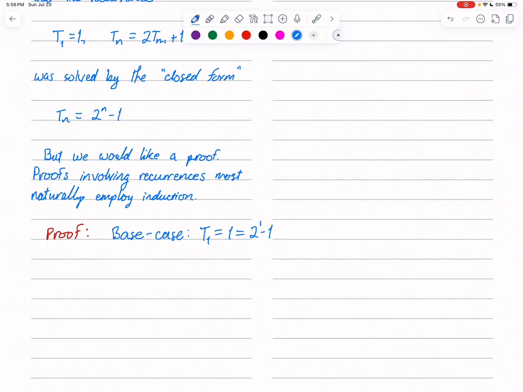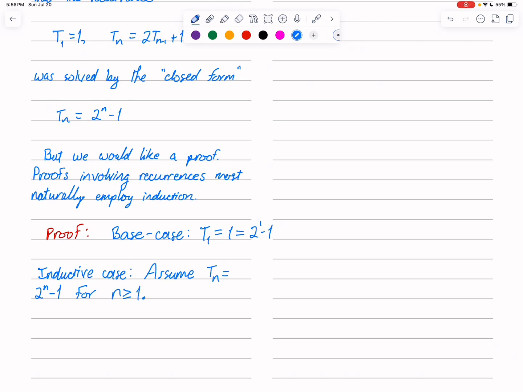Next is the inductive case, and this is usually a bit trickier, but the idea behind the inductive case, if you've never seen a proof by induction before, is that we assume that the claim holds. So in this particular case, that means we assume t sub n is equal to 2 to the n minus 1 for any n which is at least 1.